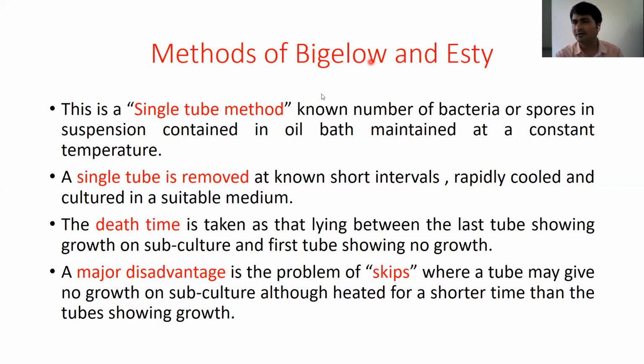This method is also known as the single tube method. In this method, we prepare a suspension of bacteria. We have a test tube, and in that tube we prepare a bacterial suspension or bacterial spores. These tubes we keep in the oil bath and we fix a temperature.